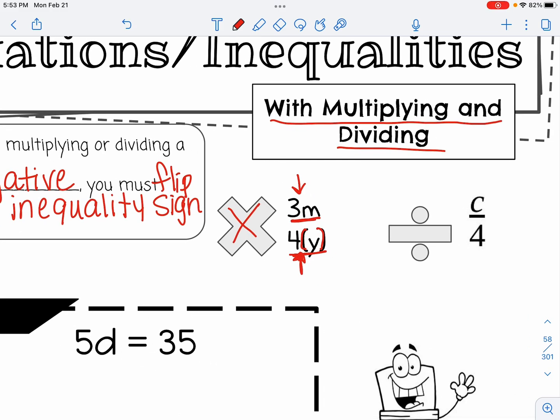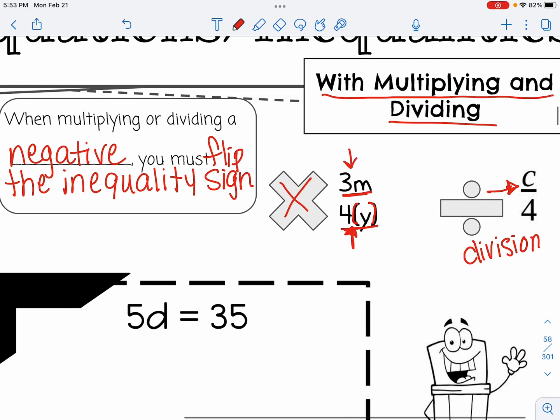Next, of course, we have seen this in 6th grade math a lot. When there is a variable in the numerator and a number in the denominator, that means that division is going on there. So this means C divided by 4. That means some number is being divided by 4 to get an answer.